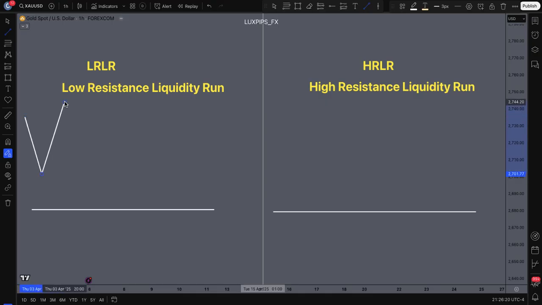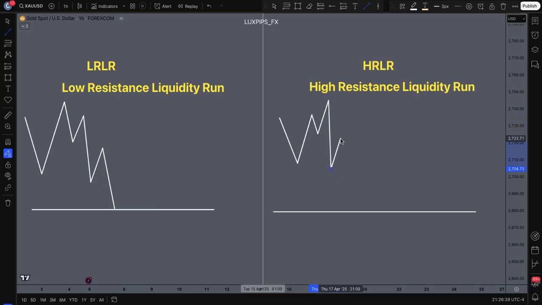Makes a higher high. It's a low, a lower high, new low, a lower high, and a low. High resistance. It's going to be the highs being taken. It's going to be a lot uglier.